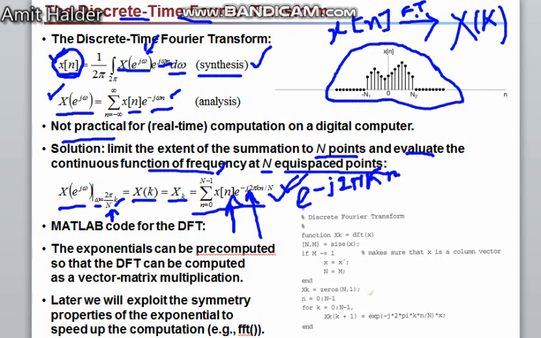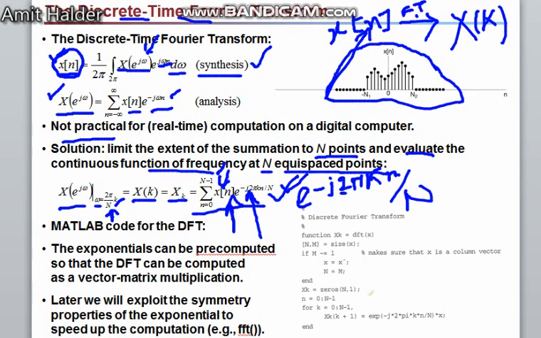Capital N is the number of points, okay? The smaller n will be the changing index of x of n, which is the number of samples, right?